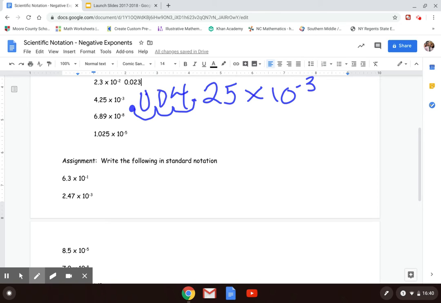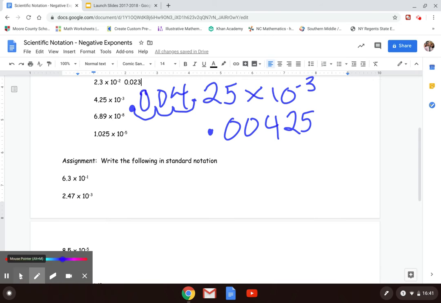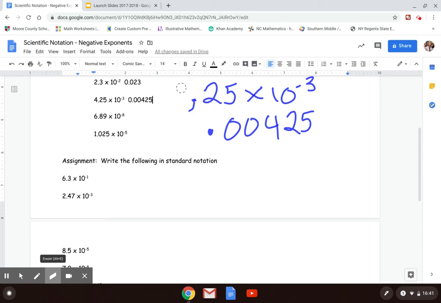I add zeros as placeholders, and that would be my answer that I type right next to my number. That would be my correct answer for that example.